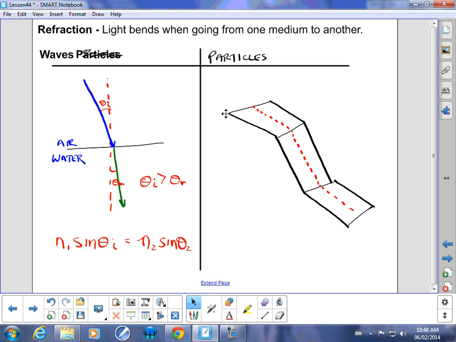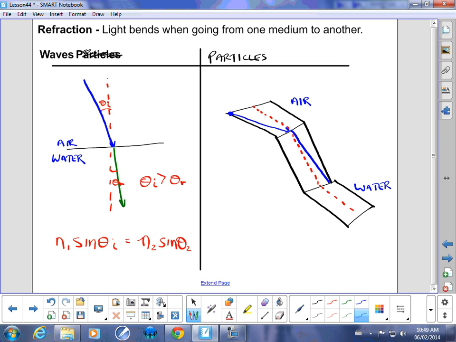He said that a light particle entering from air to water, up here air, down here water, same example as Huygens, if you go down the ramp, the particle is going to actually speed up, which means it's going to bend towards the center line. We're measuring theta i and theta r again.